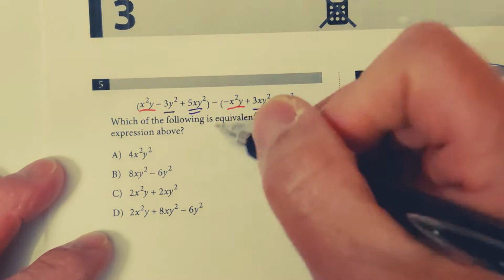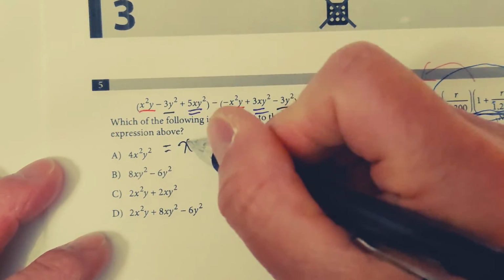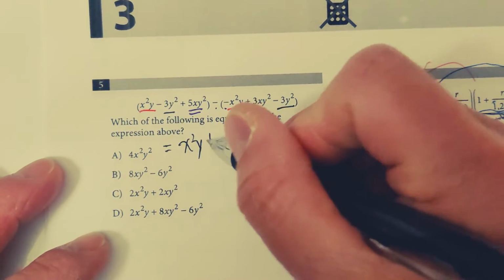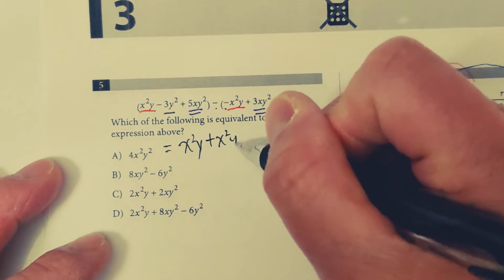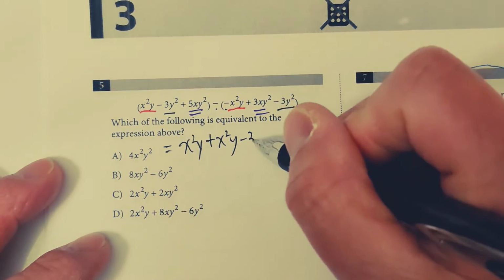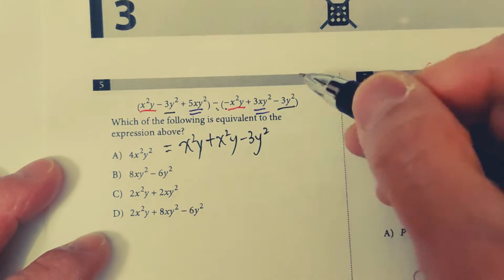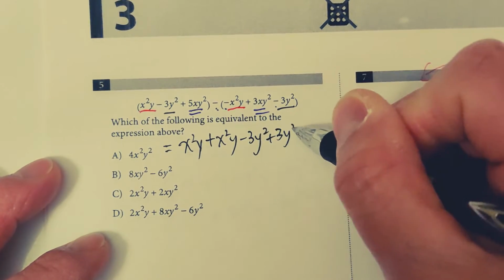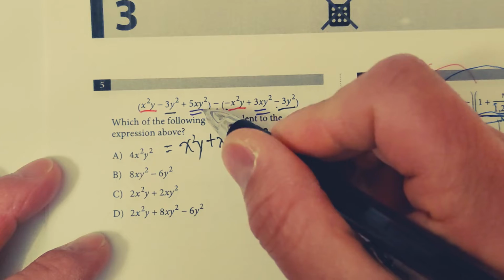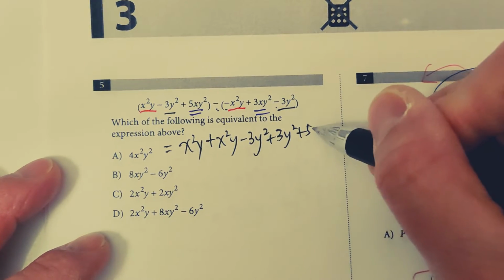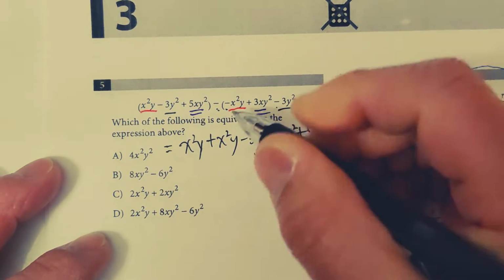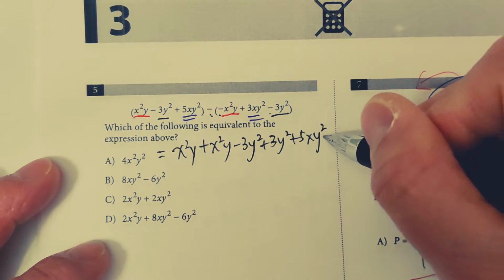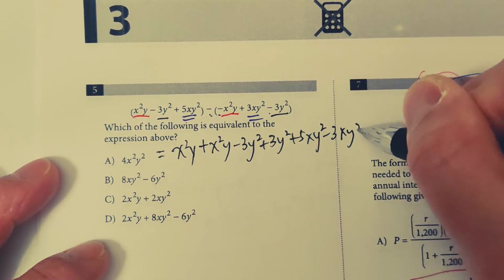So that means you can go x squared y, minus a negative gives you a plus x squared y, followed by negative 3y squared, minus a negative gives you a positive 3y squared, and then 5xy squared, minus positive 3xy squared, that will give you a negative 3xy squared.